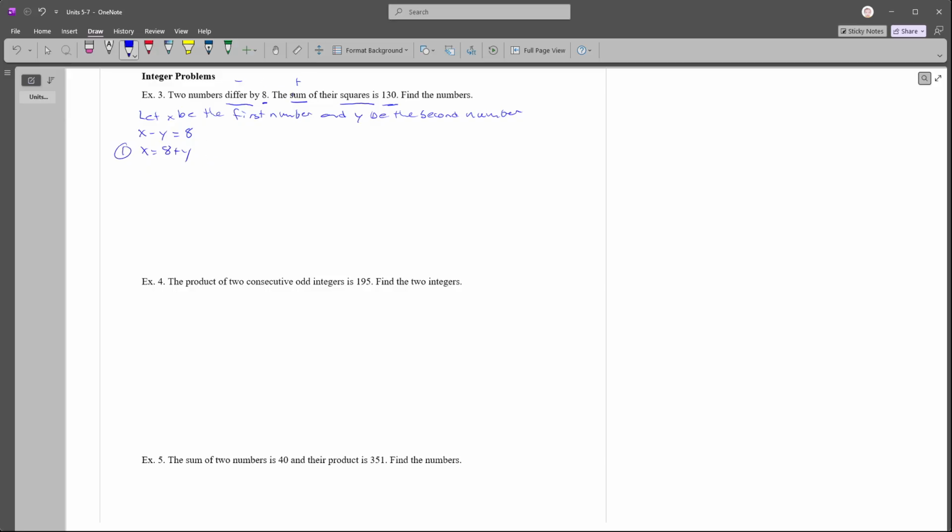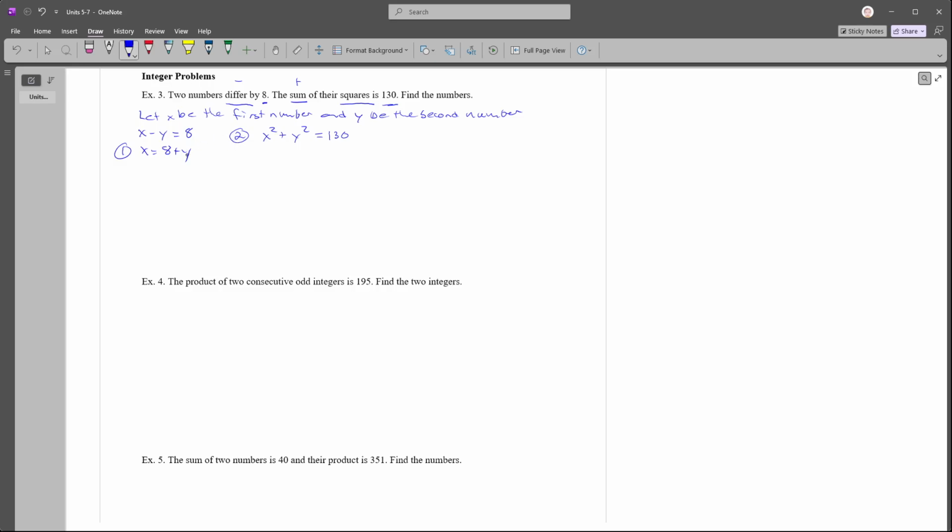What else do we know? Let's do equation number 2 now. We know that the sum of their squares, so x squared plus y squared, is exactly 130. Well, that's useful. I've got two equations and two unknowns, which means I should be able to solve this.